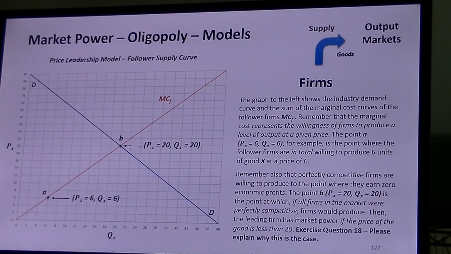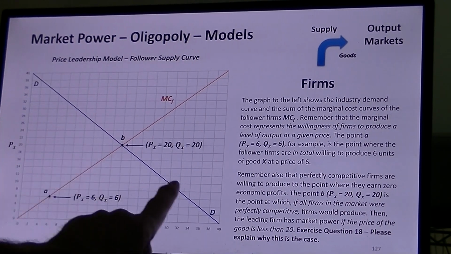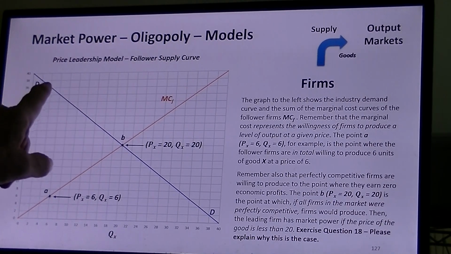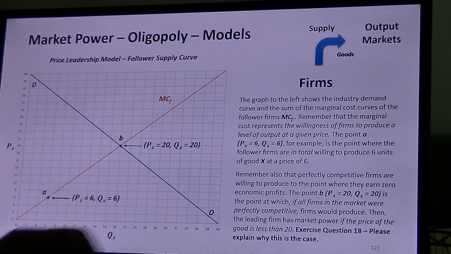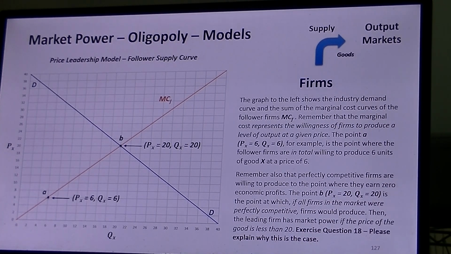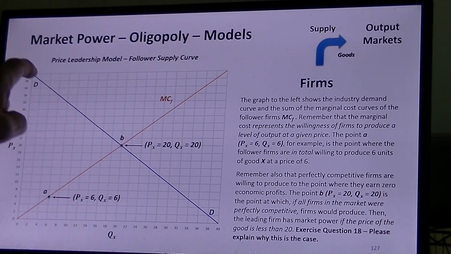So here, before the start of the game, this is the demand curve in the market and the demand curve that the leader faces. This is what the leader can see. So the leader firm can see that there's a downward sloping market or industry demand curve.